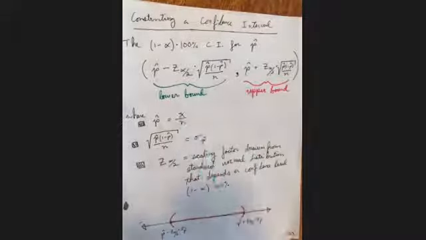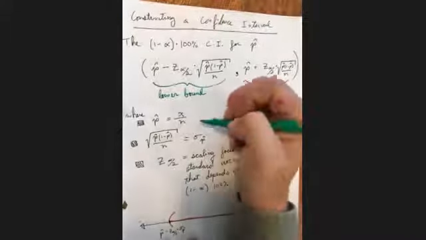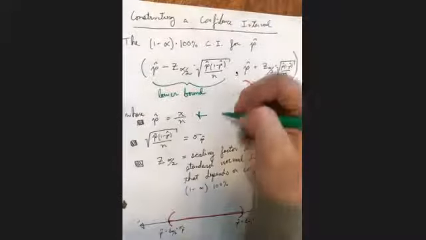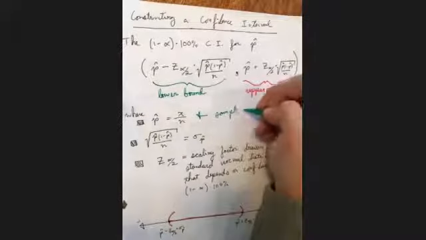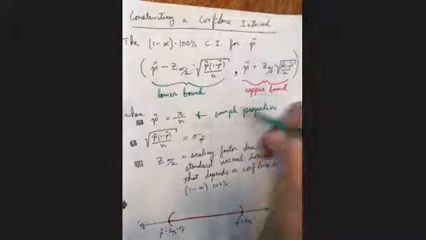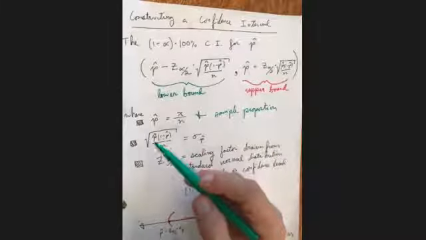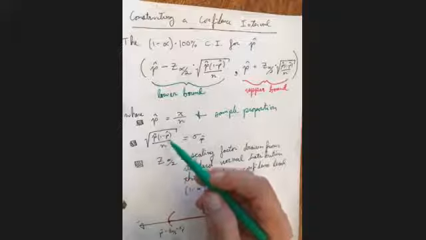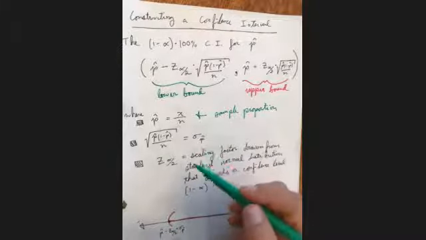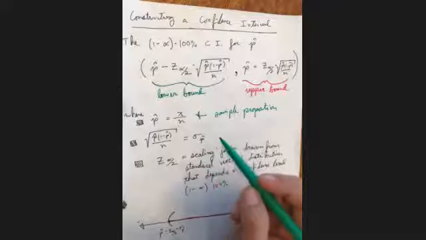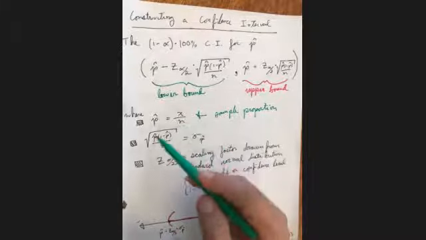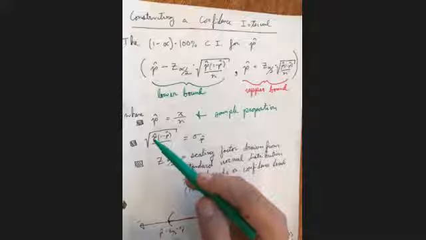So what are all these things? Of course, p hat is your point estimate. That's your sample proportion. This square root of p hat times (1 minus p hat) divided by n is your standard deviation for your sample proportion, although it does look a wee bit different than what you're used to, because usually this is just a p, not a p hat.